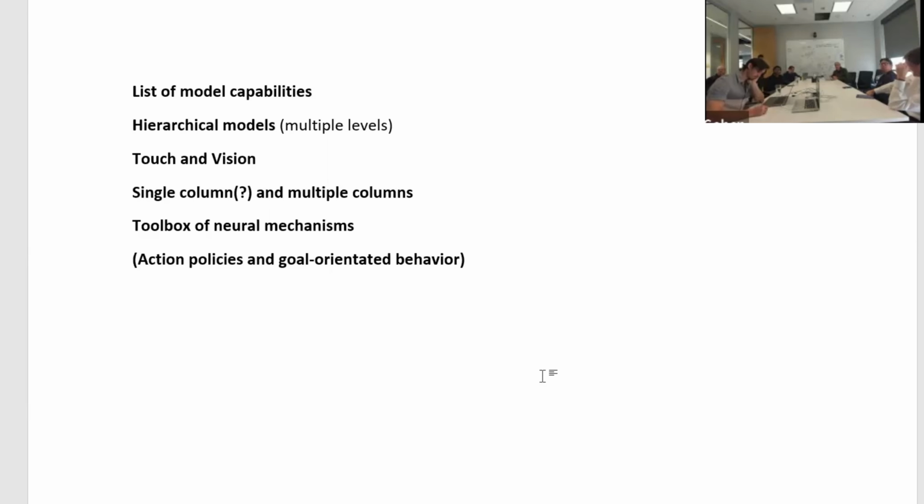Another thing I've done is look at what I call the toolbox of neural mechanisms. We have defined two major neural mechanisms for doing inference and model building. One is the temporal memory algorithm, and the other is the temporal pooling algorithm. These are both cellular layers. They both are useful for narrowing down and inferring.